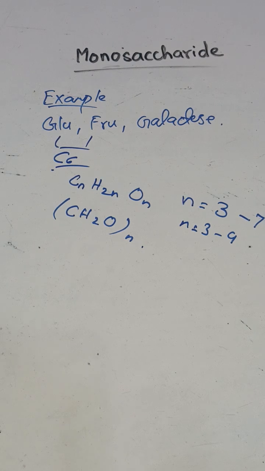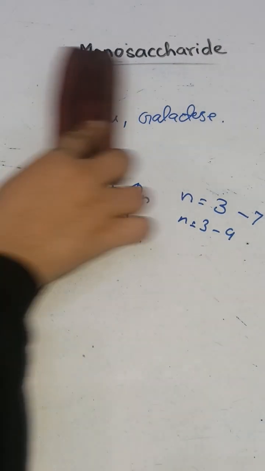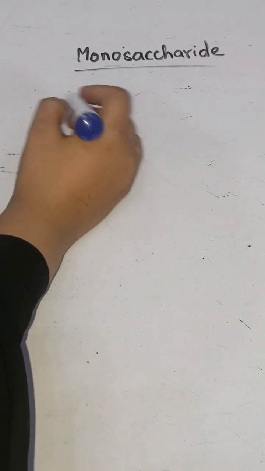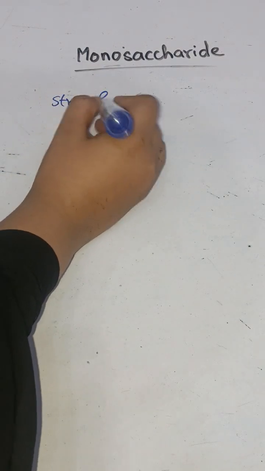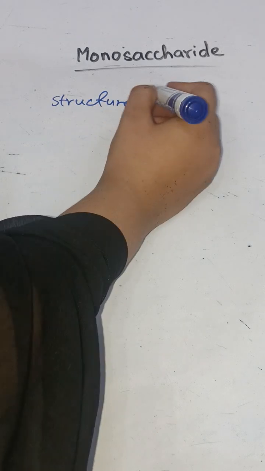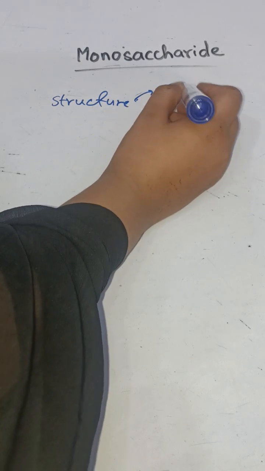Now we are going to start the structure of monosaccharide, as we have seen the structure of carbohydrates. Do you remember? Yes, we have seen that the structure of carbohydrates contains two kinds of groups. First, it has multiple hydroxyl groups.